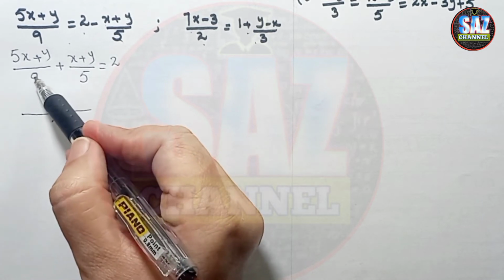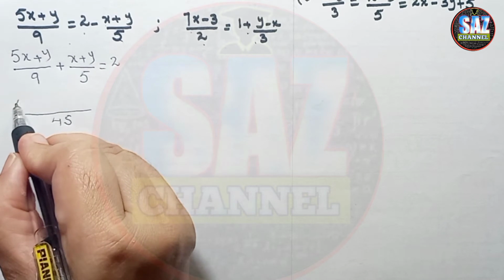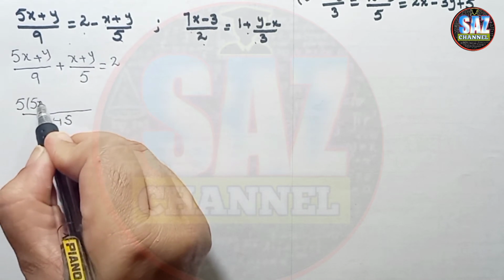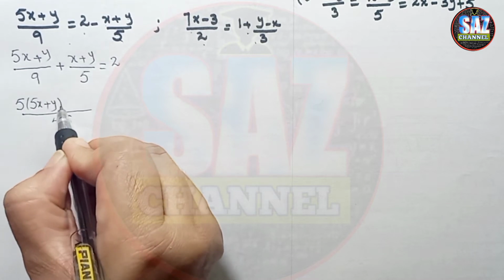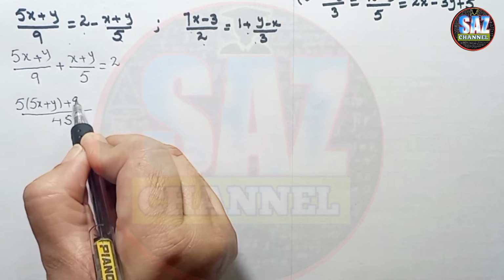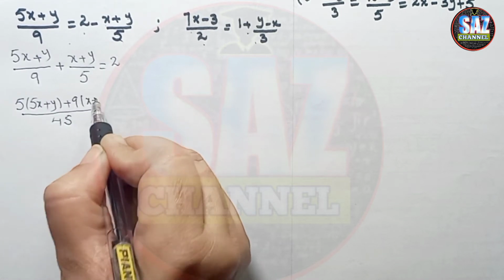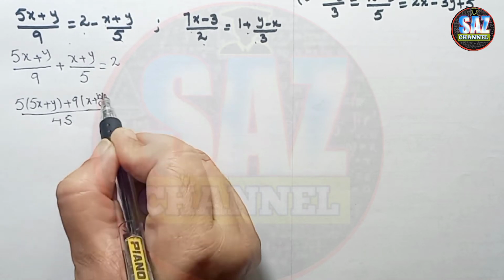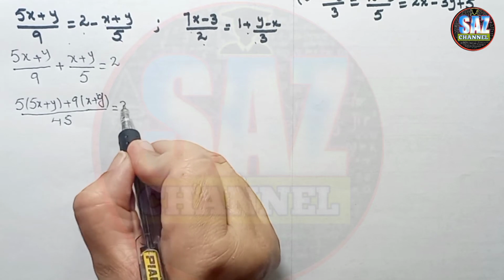Now 9 fives are 45, so 5 will be multiplied here: 5(5x + y) + 9(x + y) over 45 equals 2.